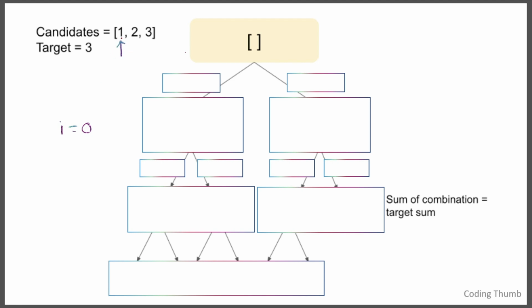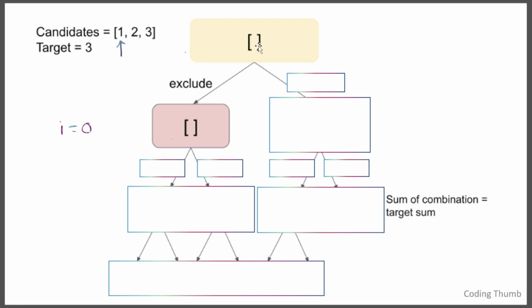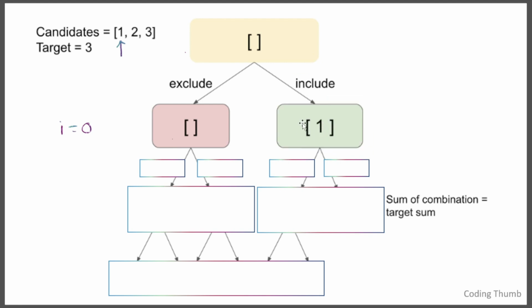Now either we can include this 1 in our combinations or we can exclude it. If we exclude it, then our array still remains the same. But if we include this particular element, our array becomes 1.